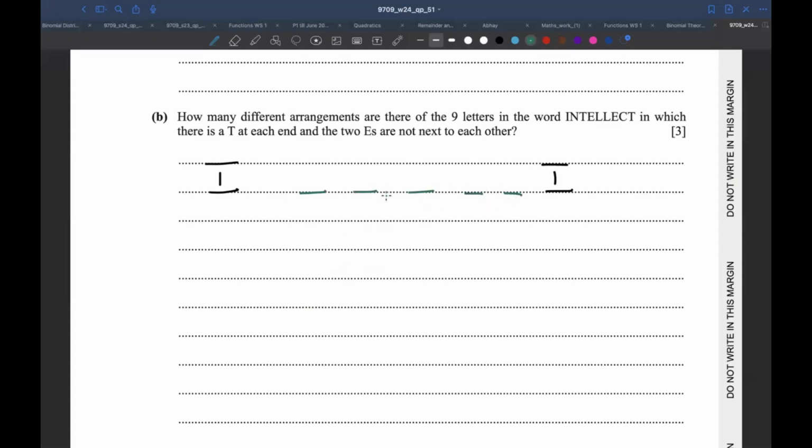These letters are I, N, L, L, and C. So these will arrange themselves, which is 5 factorial divided by 2 factorial, and then multiplied by the placements of the E's. There are 6 places for the E's, so this should have been 6P2 divided by 2 factorial. So 6 into 5 divided by 2 is 15, multiplied by 5 into 4 into 3 into 2 divided by 2, and the answer is 900. And this is the correct answer.